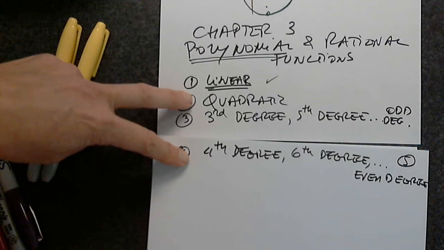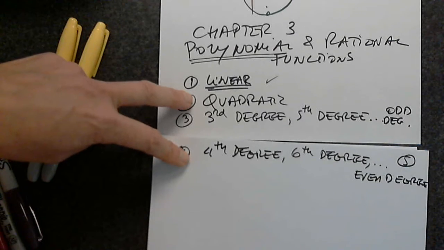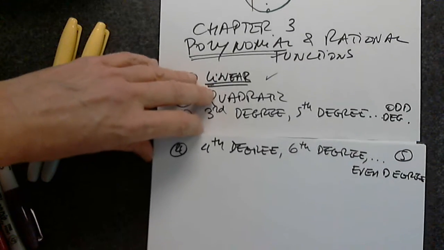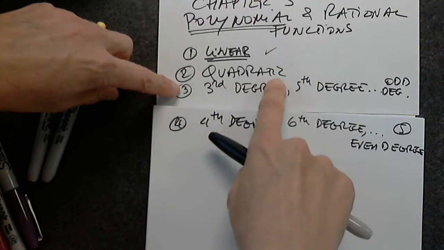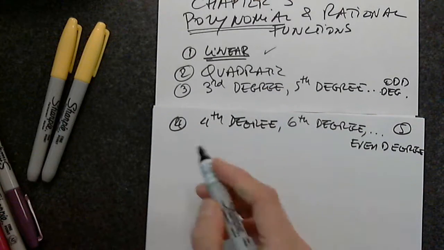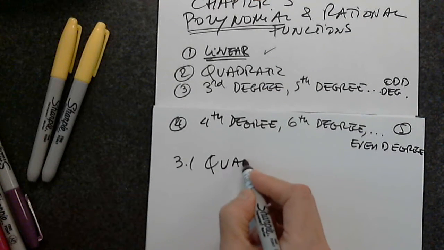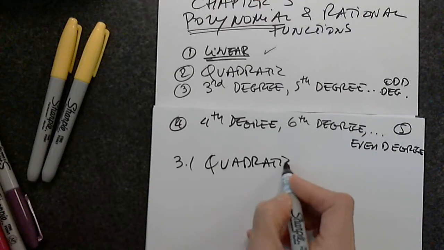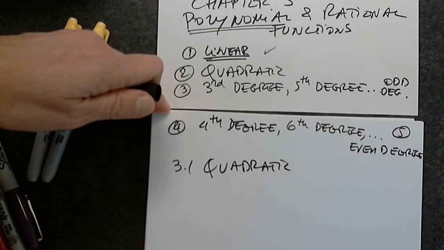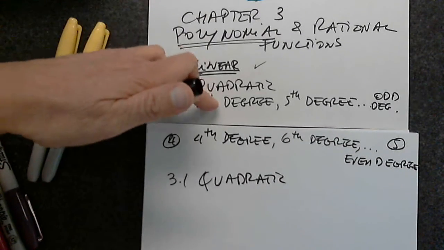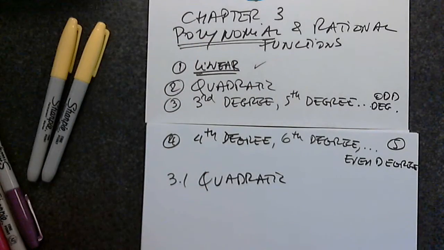They have something in common. And I will refresh your memory when I say that and explain why. So for now, let's talk about the quadratic. This is section 3.1, quadratic. And then as we progress in this chapter, we are going to look at the third degree, fourth degree, fifth degree, sixth degree.